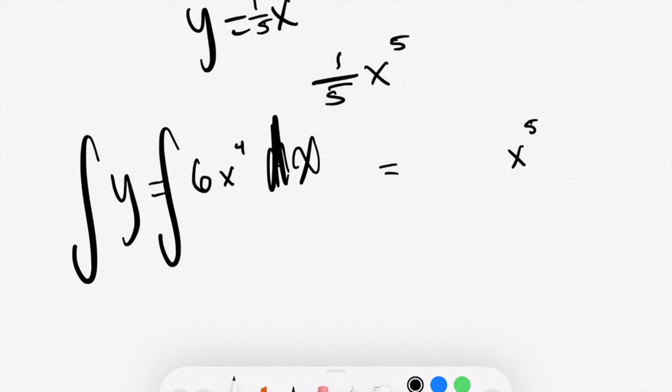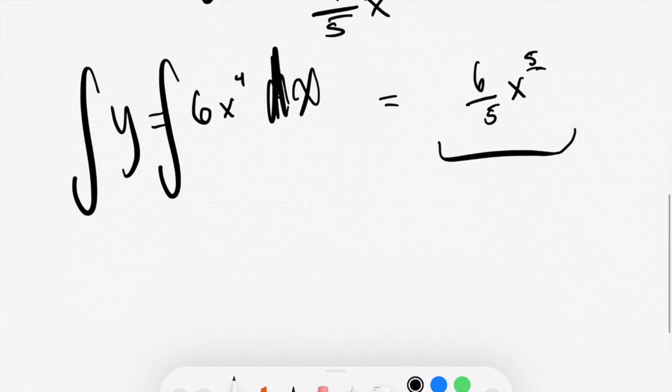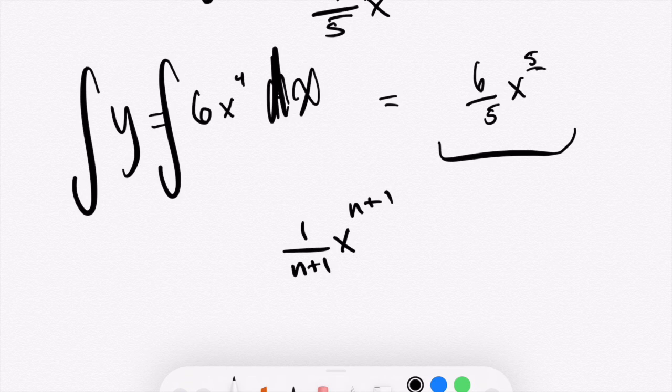It's easiest to do the exponent first, and then we would divide by that new number, so we would get 6 over 5. So that's it, the power rule for integration. Quick rundown: if we have n as the exponent, we would add 1, and then divide by that new number. All right.